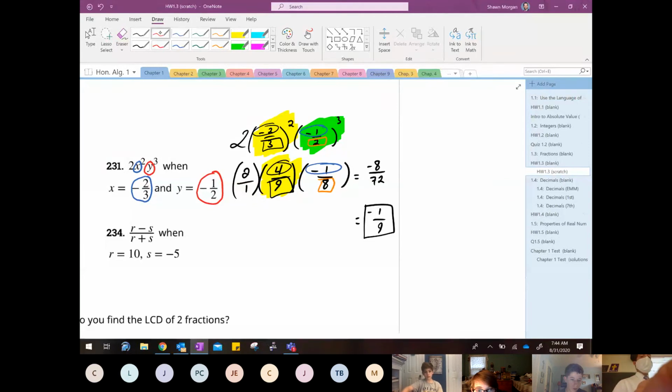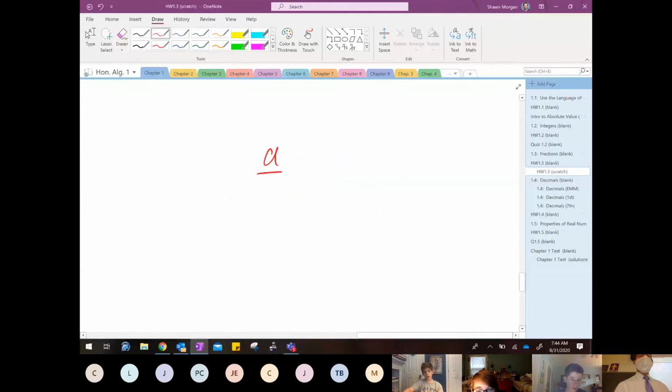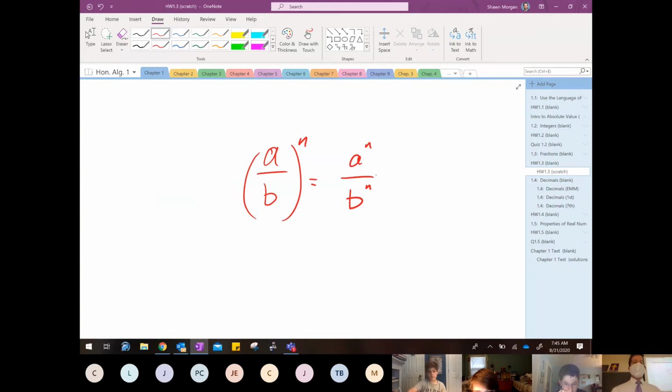And the sort of background rule for that, you guys, is if I've got A over B to the n power, that's A to the n over B to the n. Do you guys already know that? That's a little background rule. And most of the times that we deal with that, well, I like to go ahead and split it up. Once in a while, you're taking the long route.